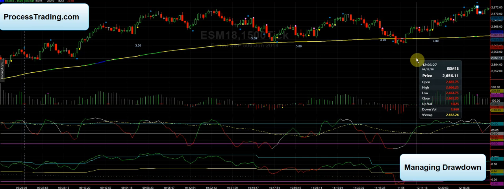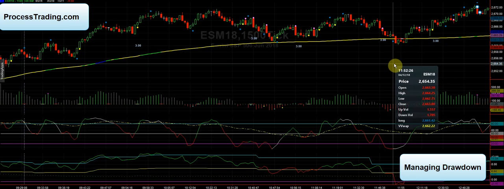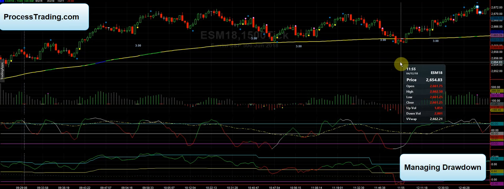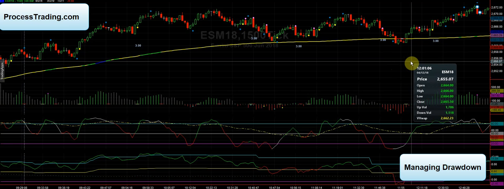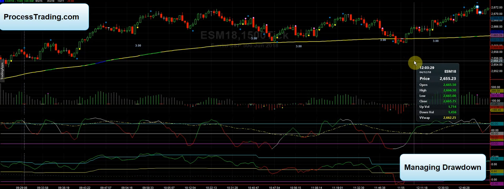And let's see where that is. 66. So in this bar here, that's where we would have got filled. So let's see how the drawdown part of the trade management system for the right edge system works.